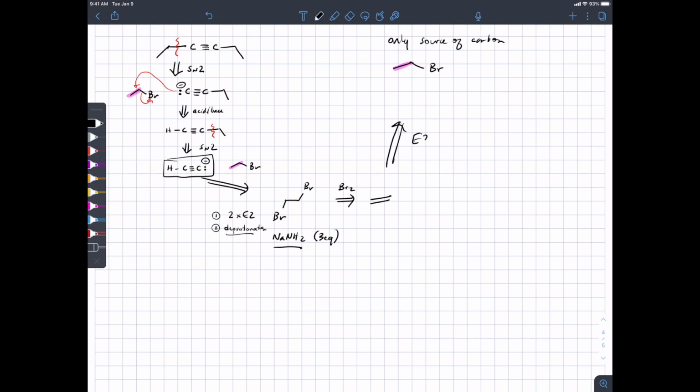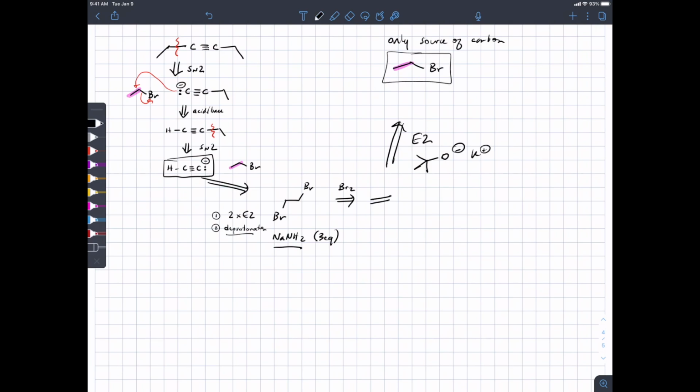Yeah, E2 reaction. Probably I want to use tert-butoxide, which is a sterically hindered base, so that I don't have to deal with competing elimination reactions. There you go. We've completed the chain, and all of our carbons have come from instances of this starting material.